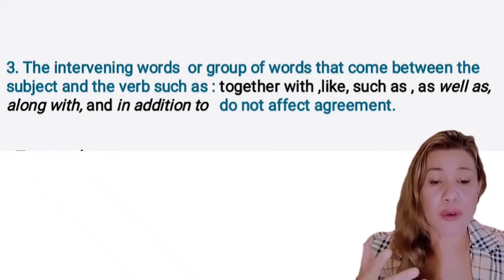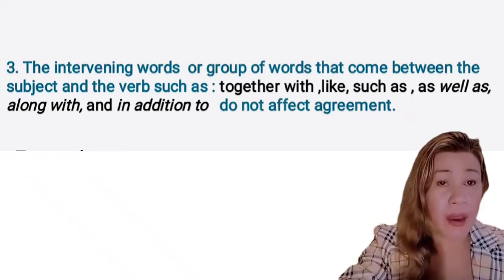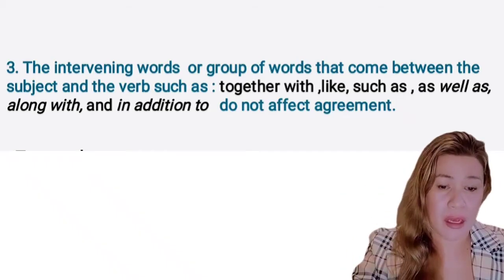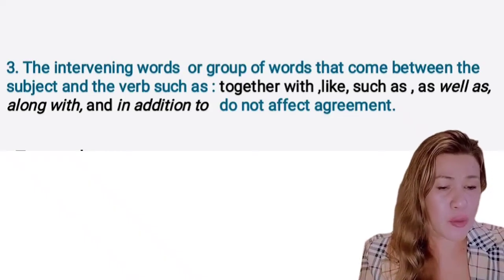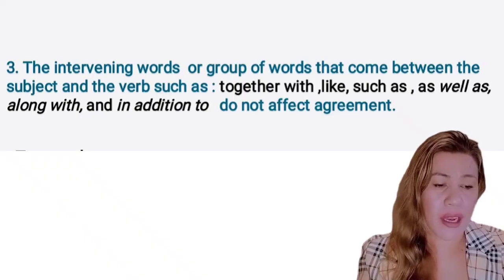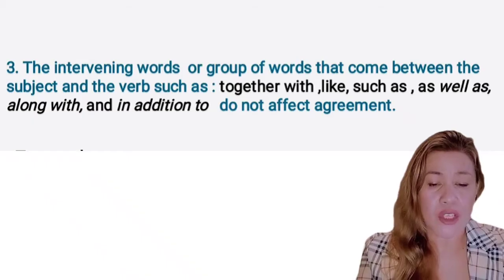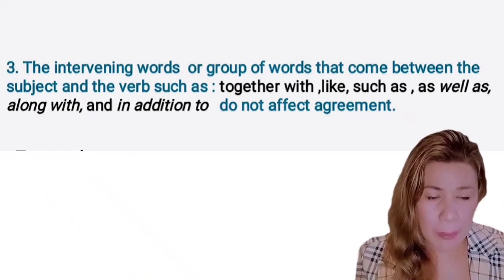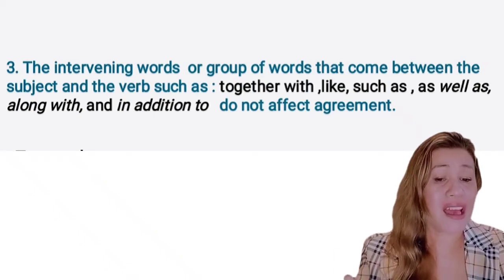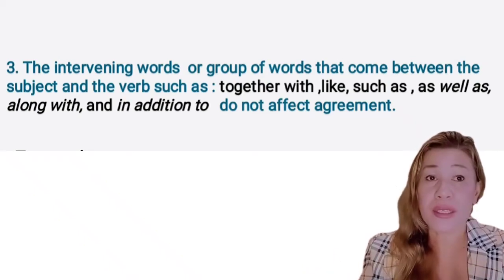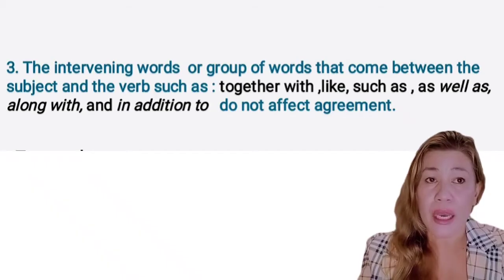They can confuse you as you pair your subject with a particular verb. So, remember the expressions which are listed here: together with, like, such as, etc. When you encounter them, rest assured that they do not have bearing on your subject and verb agreement.